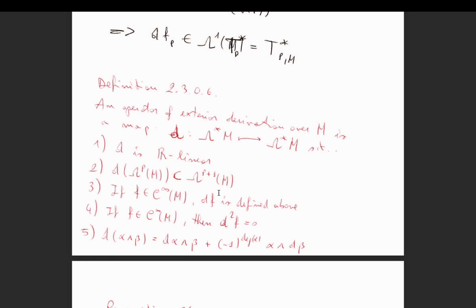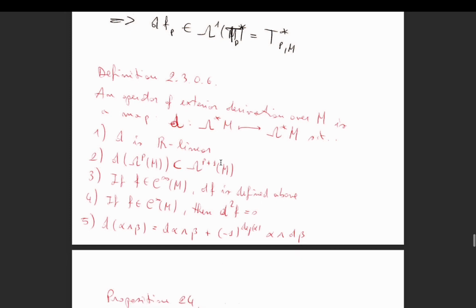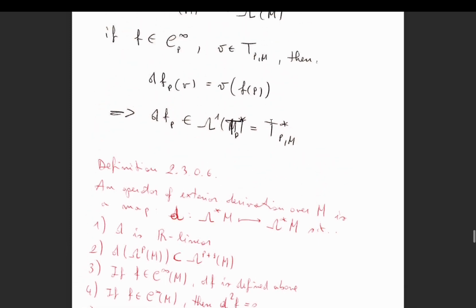A map d, an operator d from lambda star M into lambda star M, is an operator of exterior derivation if it is R linear, if d of lambda p M is contained in lambda p plus 1 M, if for f belonging to C infinity functions defined over M, df is a one differential form defined as we have already said.